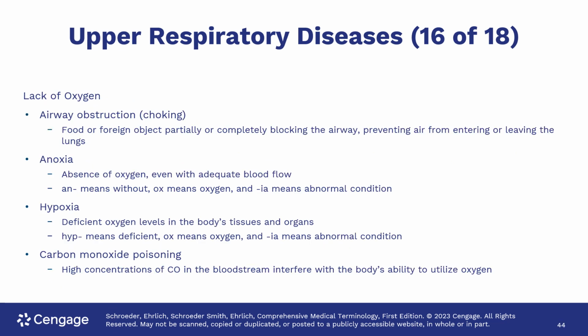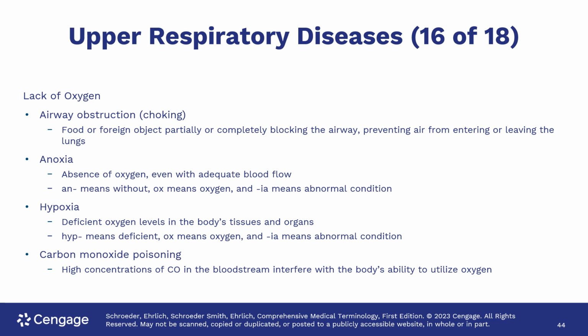A lack of oxygen can be due to choking when the air can't get in or out. A is without, ox is oxygen, and ia is abnormal condition, so abnormal condition without oxygen. Hypo is below, so an abnormal condition of low levels of oxygen.